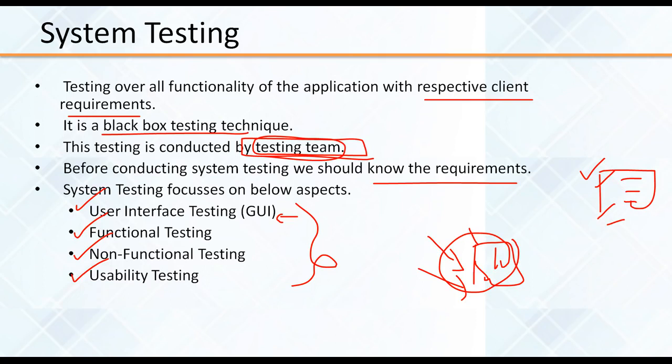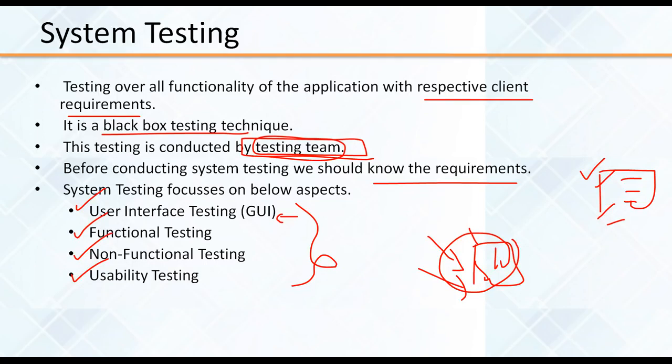If you come to non-functional testing: performance testing, load testing, stress testing, security testing, compatibility testing, installation testing, there are n number of testings. As system testers, we are going to discuss all these types of testing in the coming sessions. Okay, system testing.